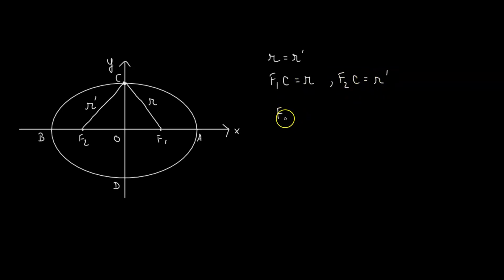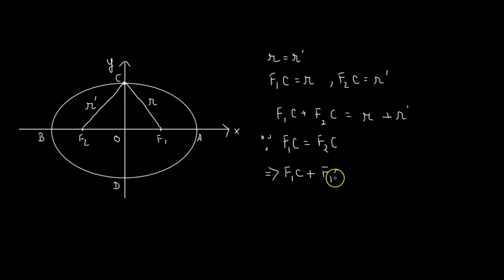And if we add both of them, we have f1c plus f2c, which equals R plus R prime. Because of the symmetry of this particular problem, we chose that f1c is equal to f2c. So this implies f1c plus f1c, since instead of f2c we have used f1c, equals R plus R prime.